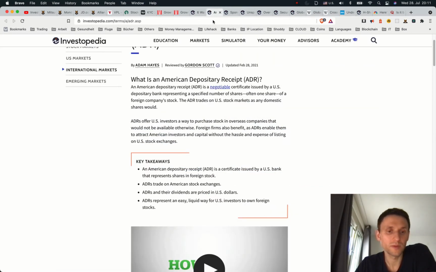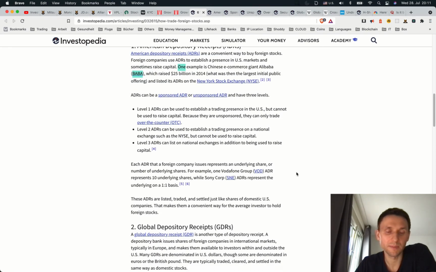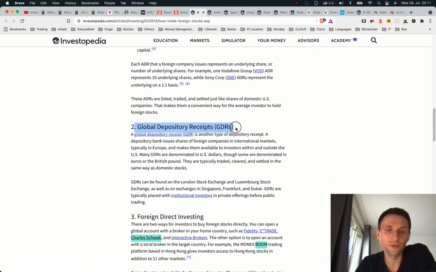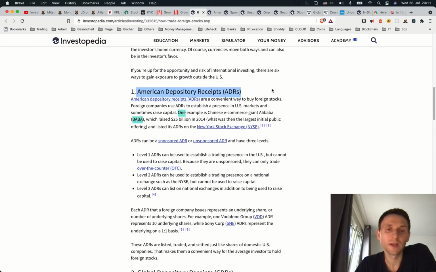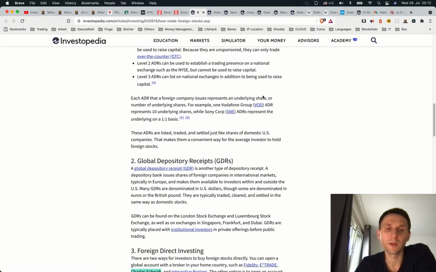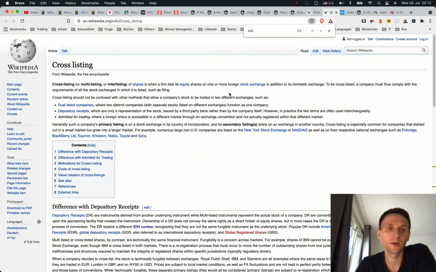The last thing I would explain is this one, Global Depository Receipt. I only showed you ADR. So ADR is only for the United States, but we also have a cross-listing option. For example, if a foreign company wants to be listed on multiple stock exchanges, not only in the United States, but also in Europe, maybe in India, then this company could do cross-listings.